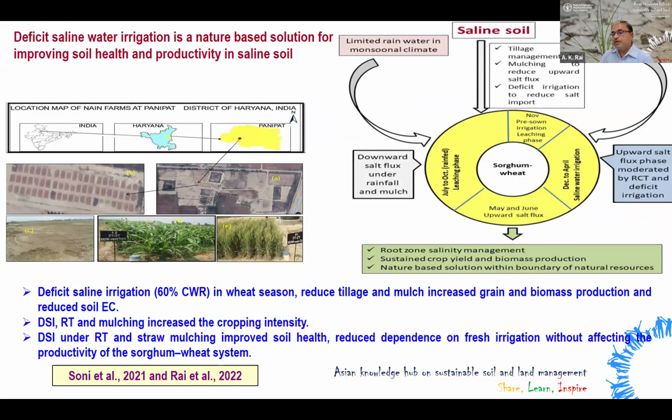Under that situation, we are focusing on managing the root zone by manipulating the seasonal dynamics of the saline upward and downward flux, and we can integrate salt tolerant varieties so that with minimal saline groundwater irrigation, we can get the crop without long-term impact of soil salinization or salinity buildup. This technology has been perfected, and now we are testing it at the farmers' fields also.